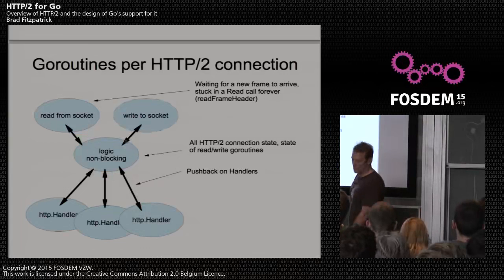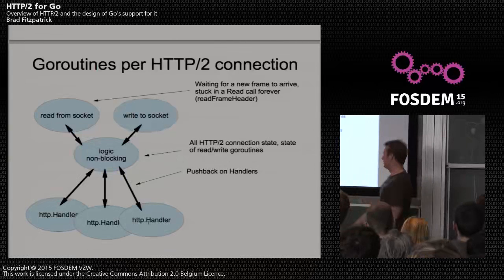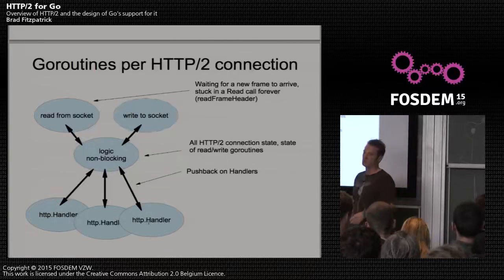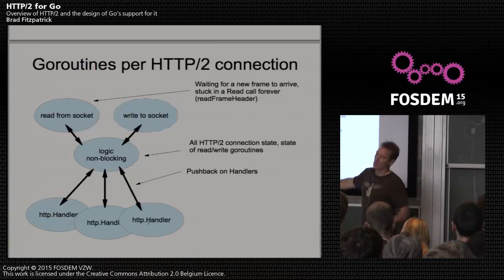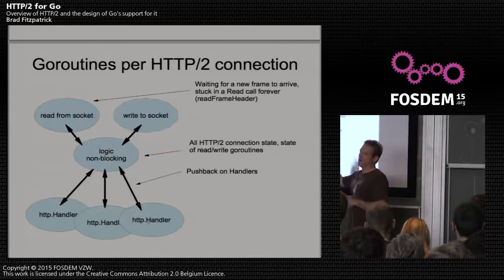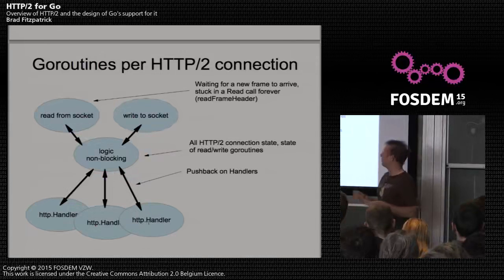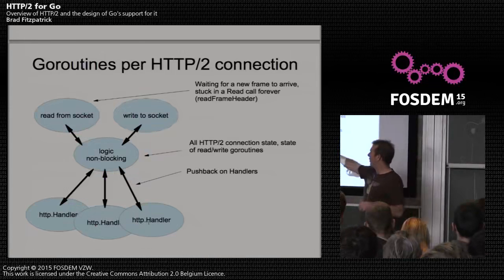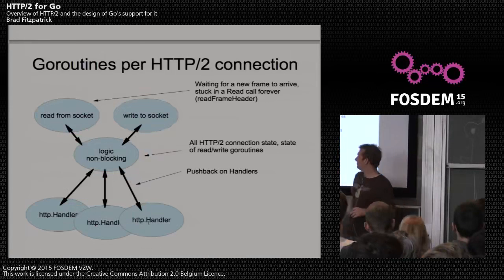So whenever a new HTTP request comes in, we start up a new Go routine for your HTTP handler, which might be your default ServeMux or your HandlerFunc, and they communicate with the serve one about, okay, write some data, read some data, and all the pushback of, you're not allowed to write, you don't have the flow control tokens to write this yet, this pushback happens on channels here.